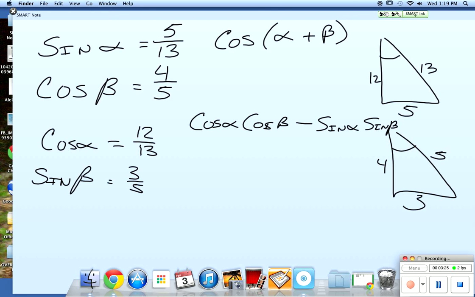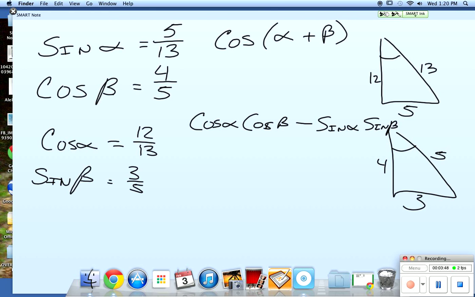We know what each one of these are, right? We could just plop them in now. Substitute them in. We got sine of alpha, cosine of beta, cosine of alpha, sine of beta. And that's every one that we need in here. So let's put it in.